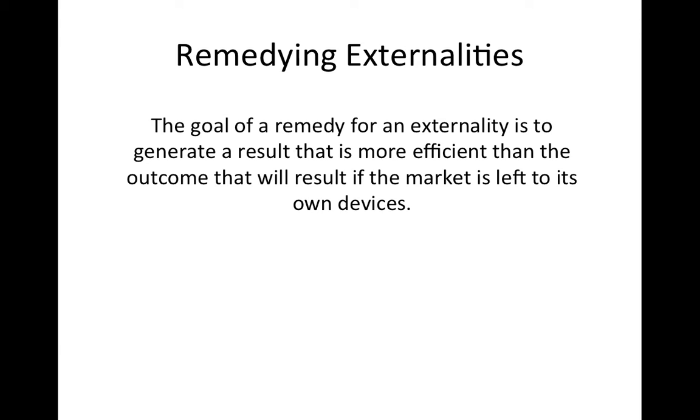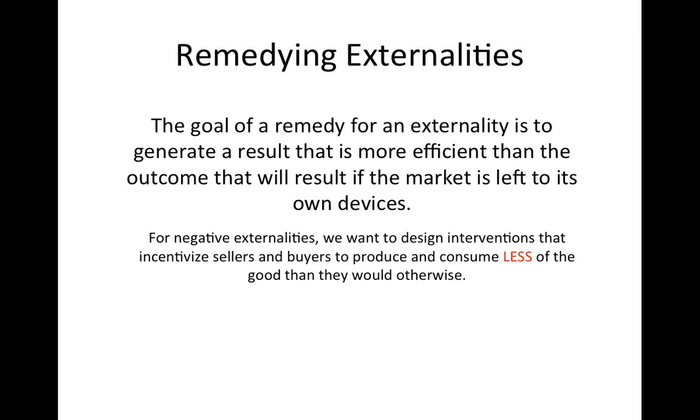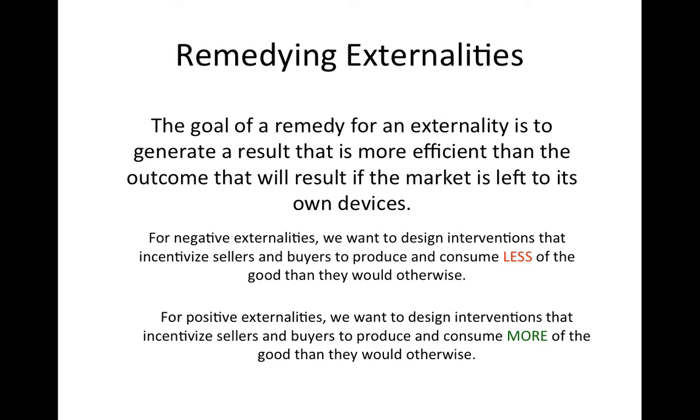For activities that generate negative externalities, we want to create incentives for sellers and buyers to produce and consume less of the externality generating good than they would otherwise. For activities that generate positive externalities, we want to create incentives for sellers and buyers to produce and consume more of the externality generating good than they would otherwise.